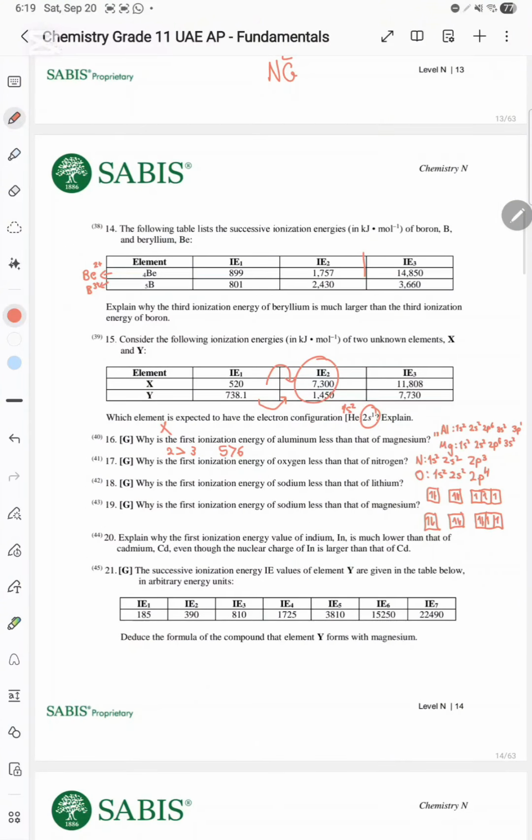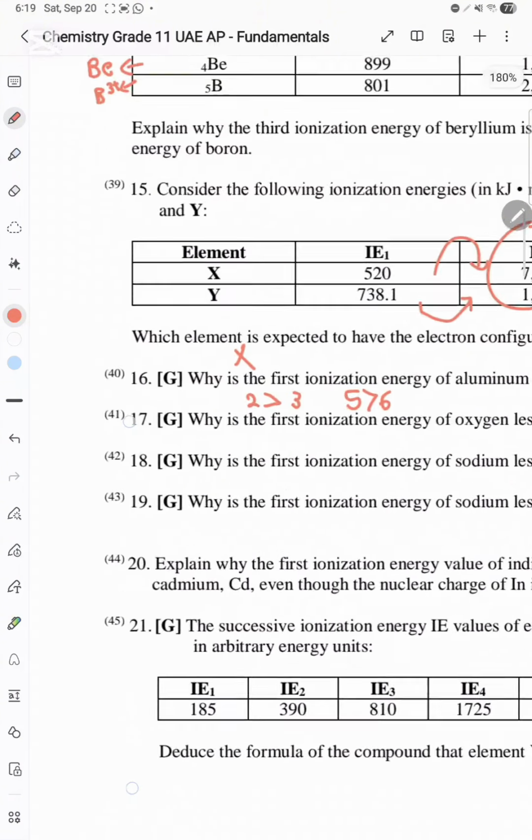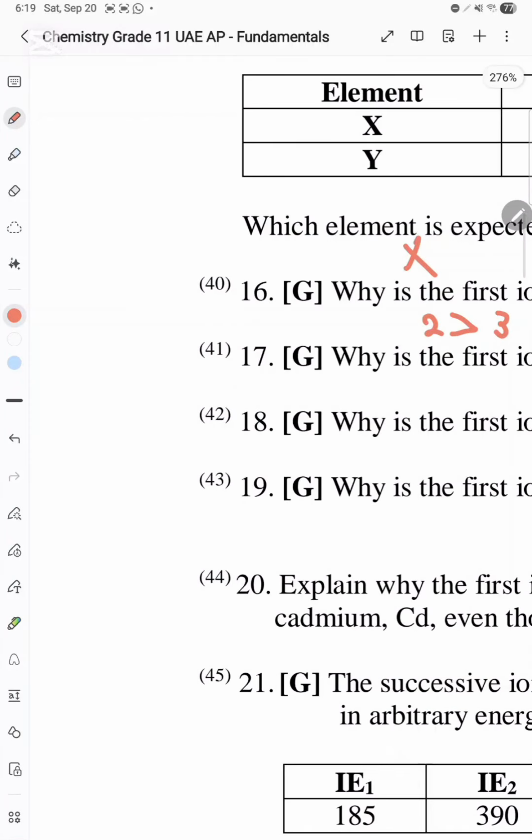Now, why is the first ionization energy of sodium less than lithium? Sodium is in group 1, lithium is also in group 1, but lithium is above sodium. So let's draw their electronic configurations here. Na is going to be 1s2, 2s2, 2p6, 3s1.